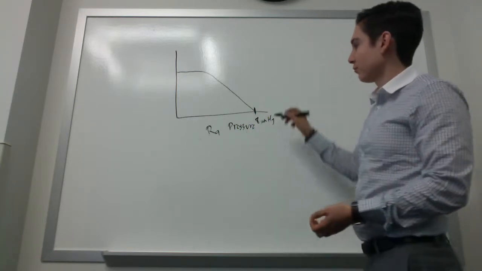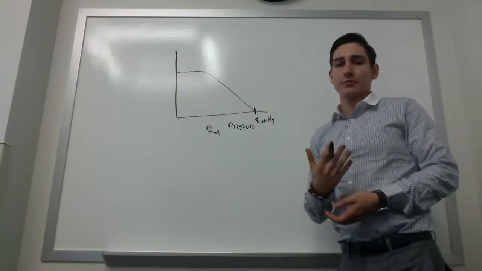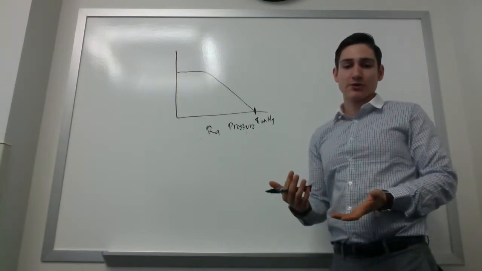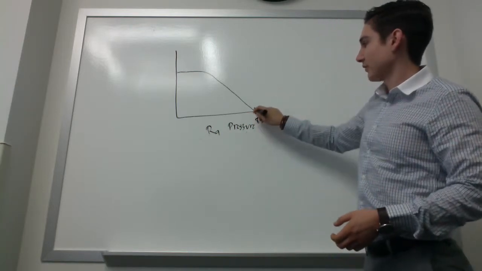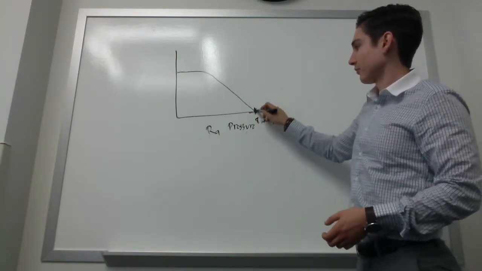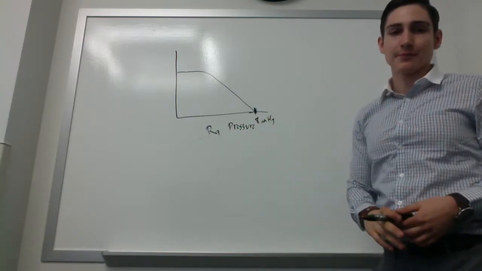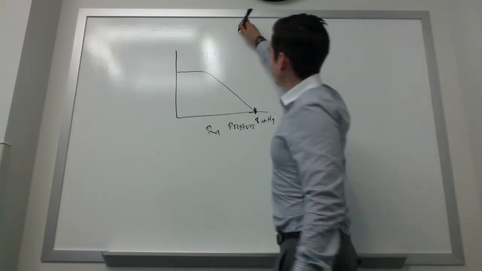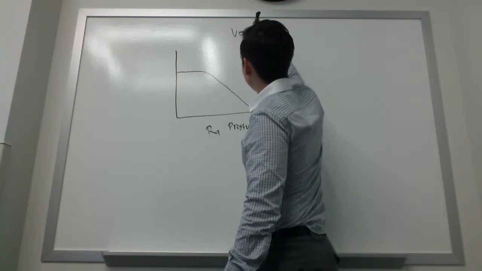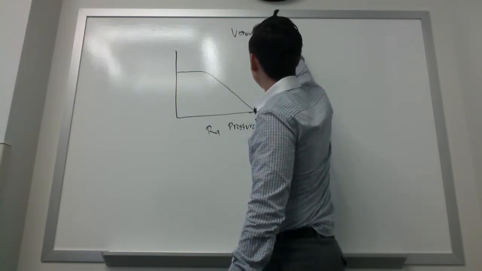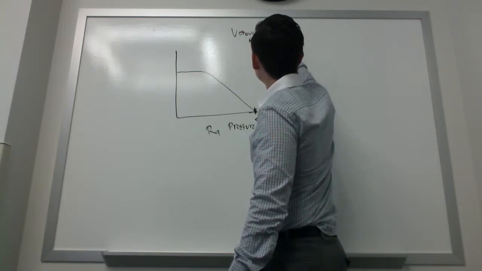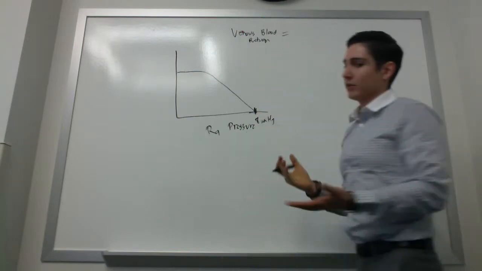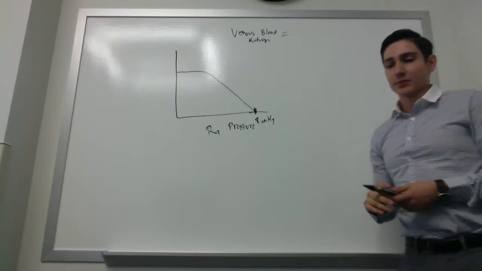That point is called the mean systemic filling pressure, which I'll explain right away, and where it crosses is also equal to the right atrial pressure. Okay, so venous blood return is dependent on 3 things.